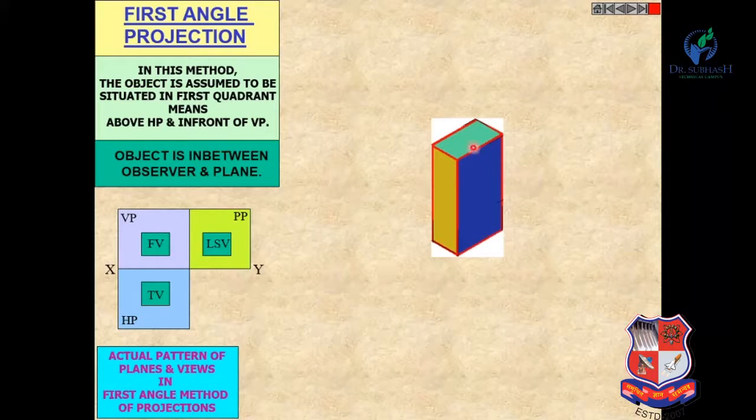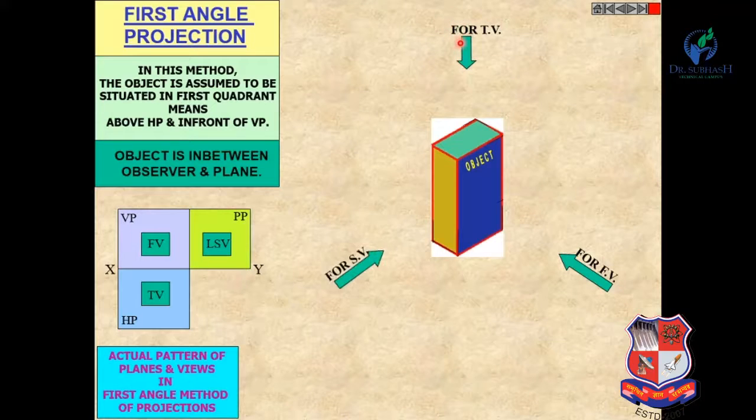See here, this is our object, and this arrow shows the direction of the observer. For the front view, the observer will be here, for the top view, the observer will be here, and for the side view, the observer will be here. These are the three directions for observing this particular object.